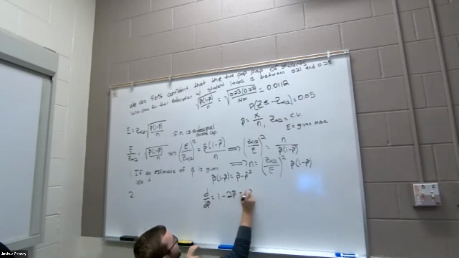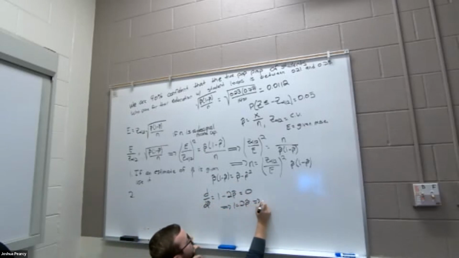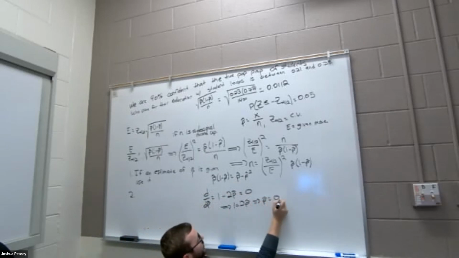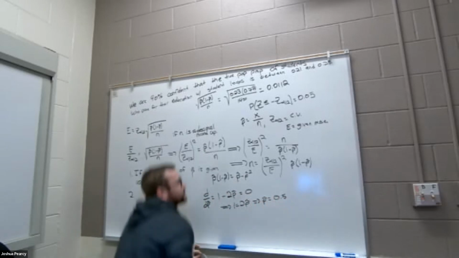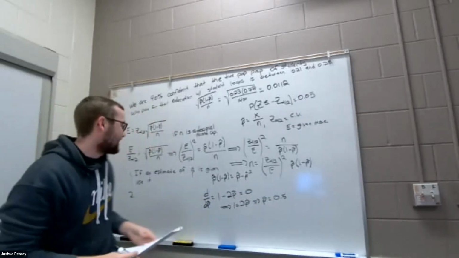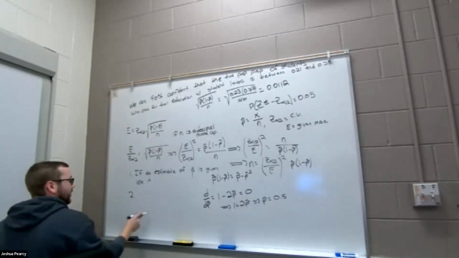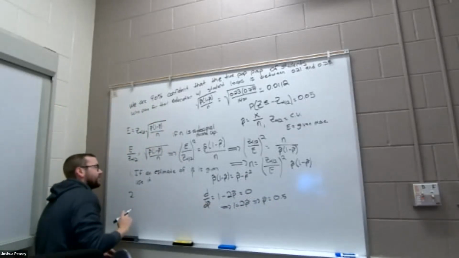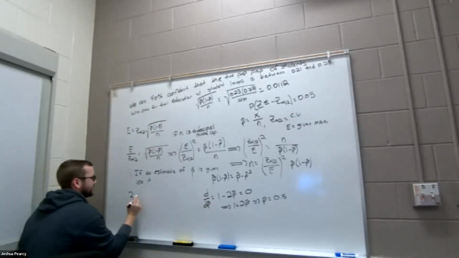Set this equal to 0 and solve for p hat. This implies that 1 equals 2 p hat and that p hat is 0.5. That means if we do not have an estimate of p hat, then we're going to use p hat is 0.5 because it will maximize n.